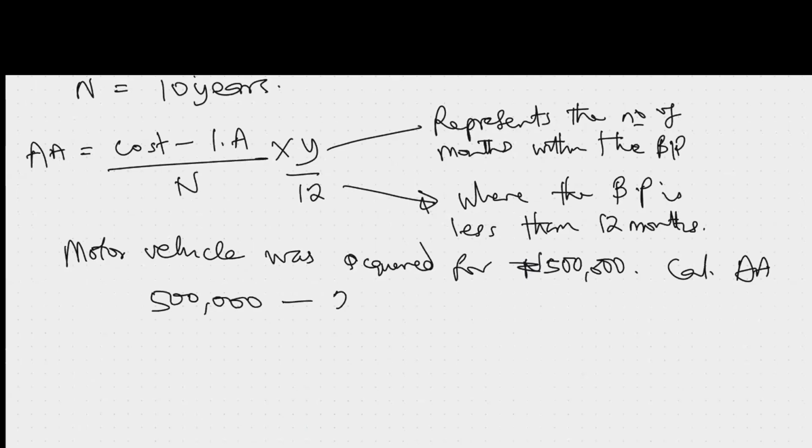Annual allowance rate for motor vehicle is 25%. So how many years did that asset use? 4 years.